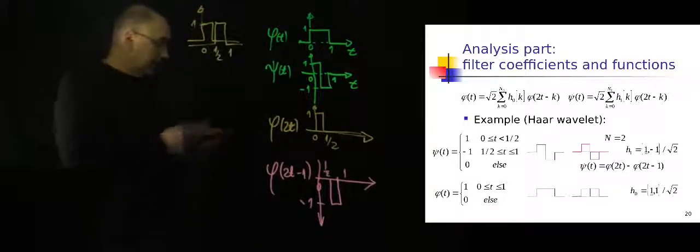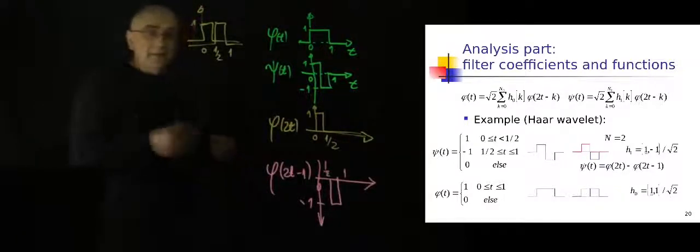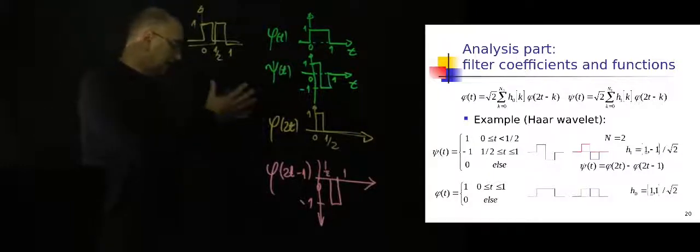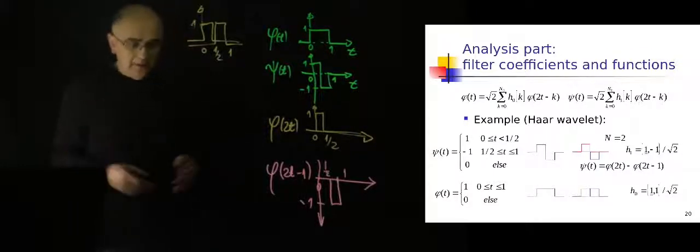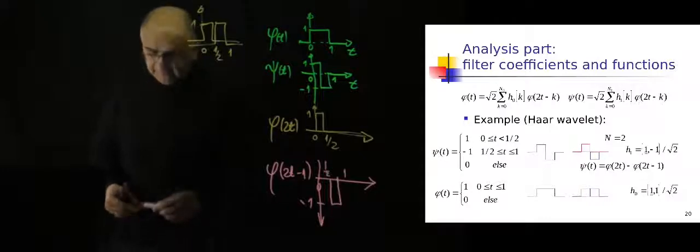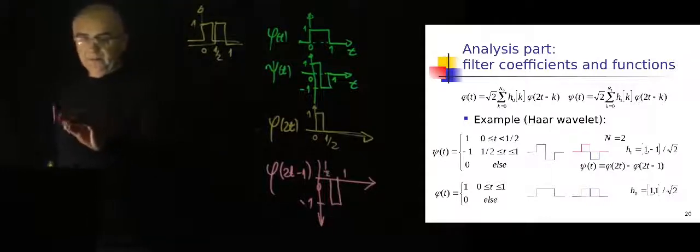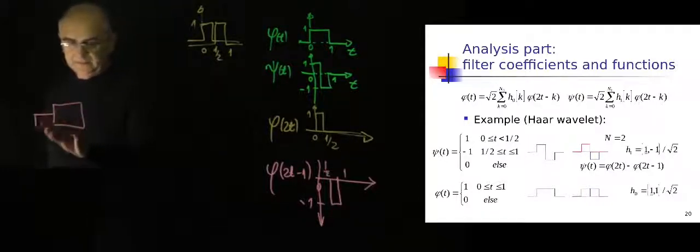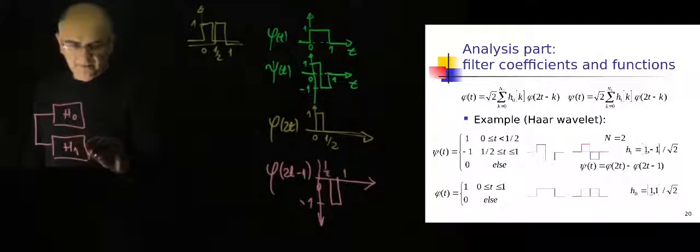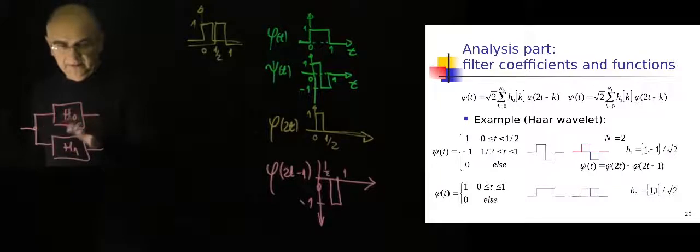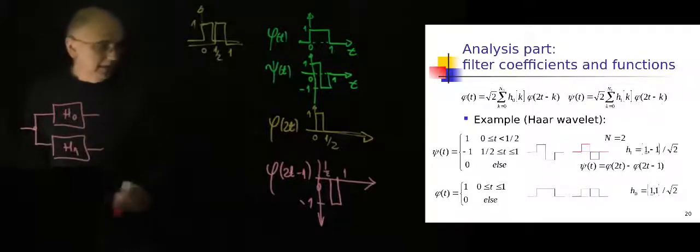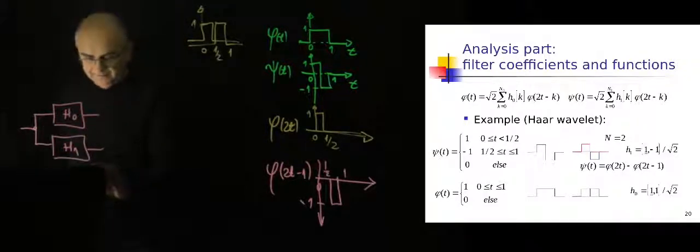Yeah, in this moment I can clearly see that we are talking about Haar filter bank with two filters, H0 and H1, where H0 actually has two coefficients.